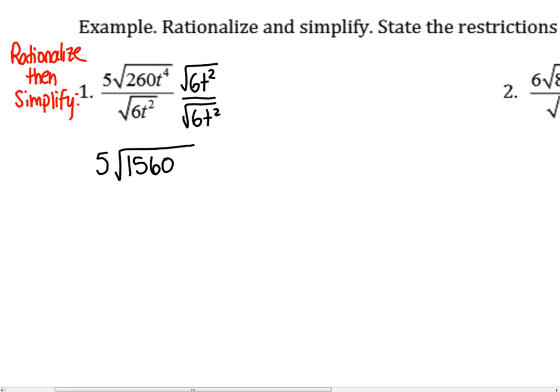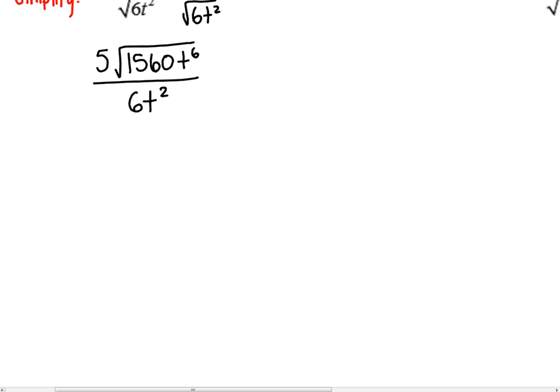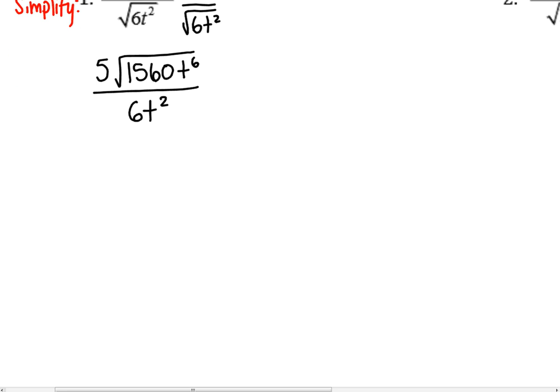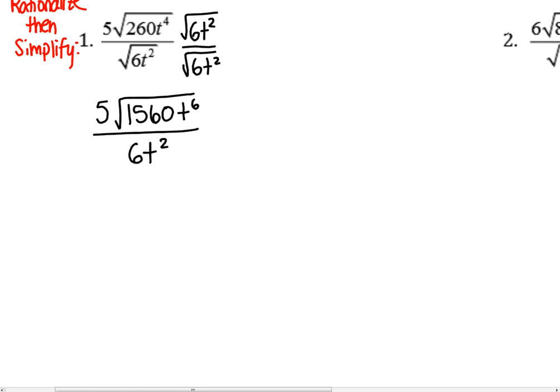We need to find the largest perfect square that goes into that. This is where rationalizing first has a disadvantage. Okay, 260 t to the power of 6, yep, all divided by, what's 6t, root 6t squared times root 6t squared? 6t squared. Okay, so far so good. The largest perfect square that goes into 1560.